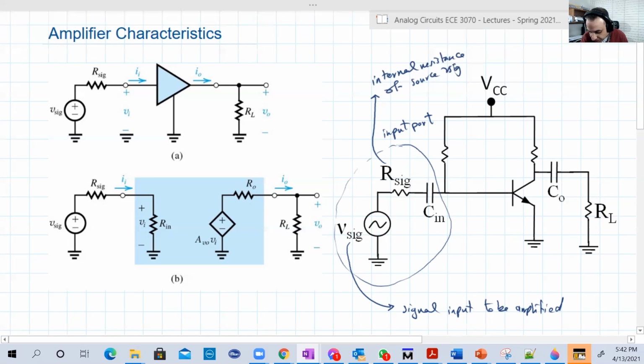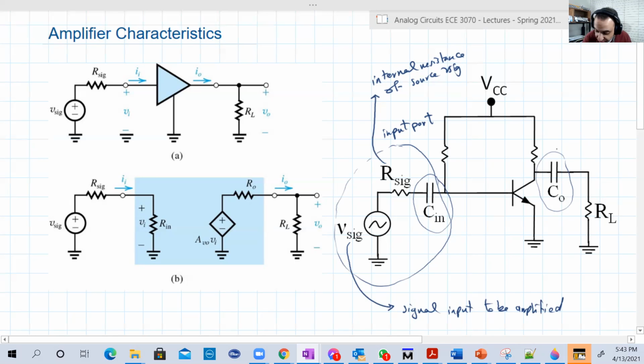C input is basically a coupling capacitor. CO here and C input are called coupling capacitors, and I explained this in the last recording.